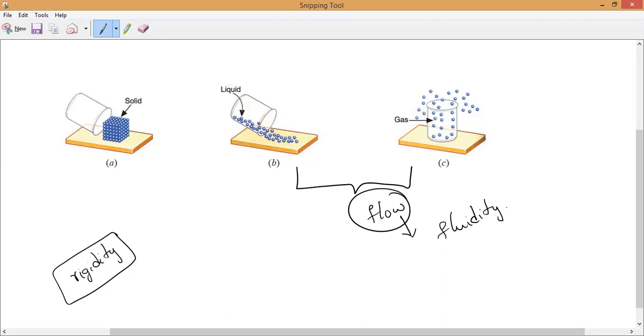First, write everything till here, draw these three diagrams and write the definitions first. Rigidity: the tendency to maintain their shape when subjected to outside force is called rigidity.